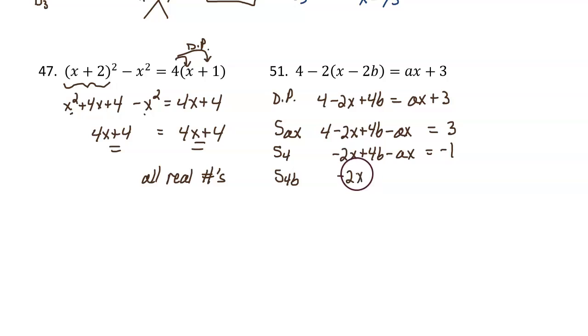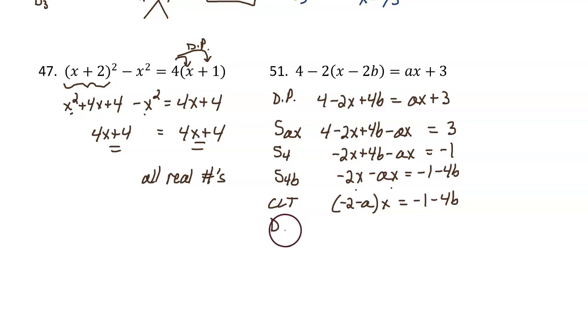We have negative 2x minus ax equals negative 1 minus 4b. Notice how these are like terms. They both have an x in them. Let's combine like terms. We have negative 2 minus a, times x, and that's equal to negative 1 minus 4b.